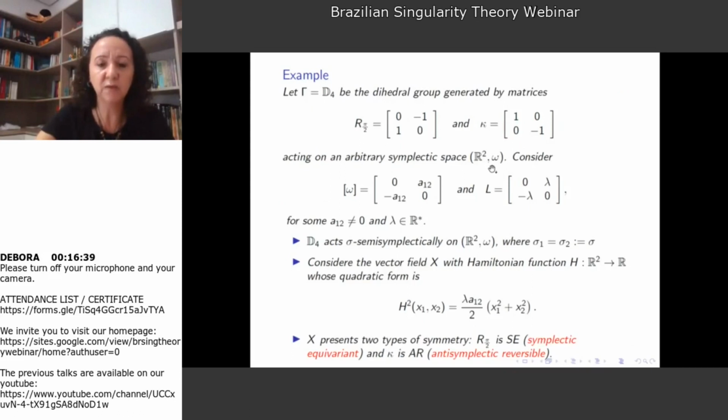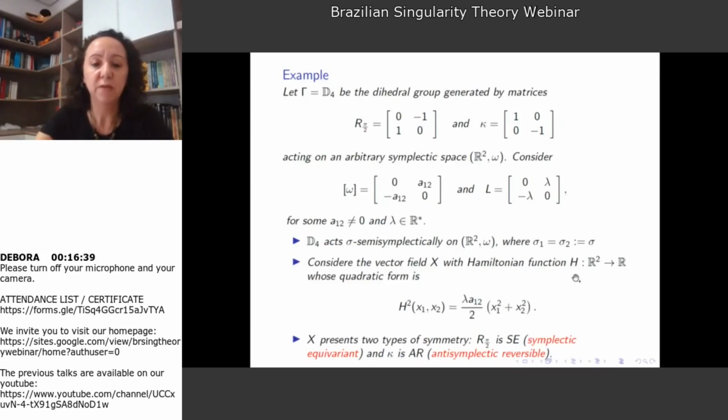The matrix of the symplectic space is given in this way, where this constant is different from 0, and L, the linear part of the vector field, is given by this matrix. It's not difficult to verify that the group D4 acts sigma semisymplectically. In this case, sigma 1 and sigma 2 are equal, so we denote both by sigma.